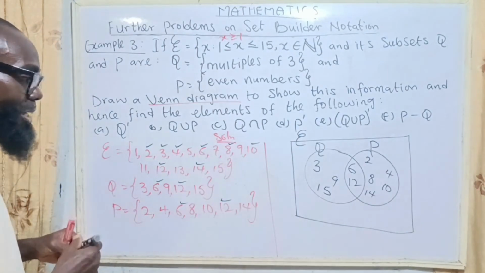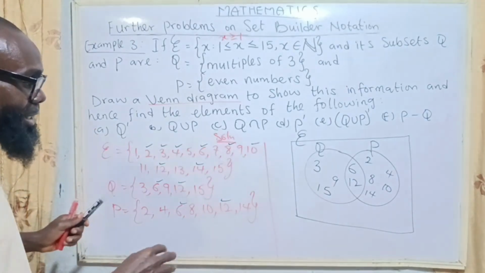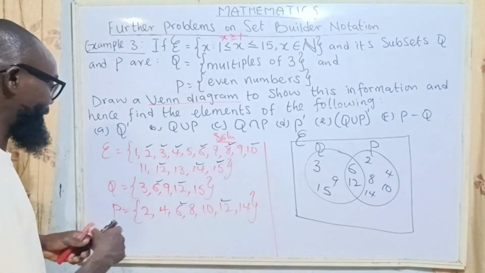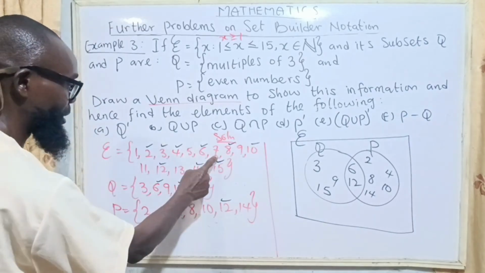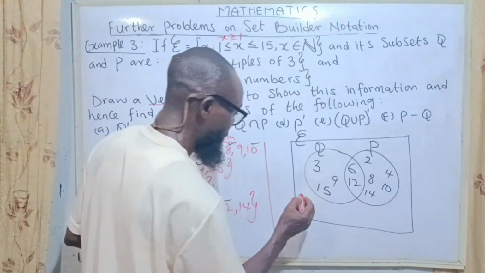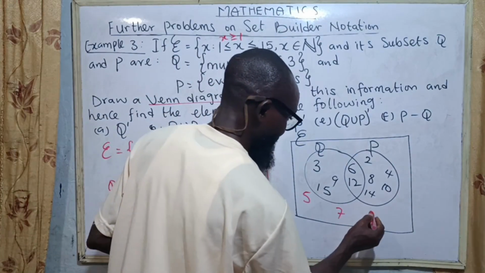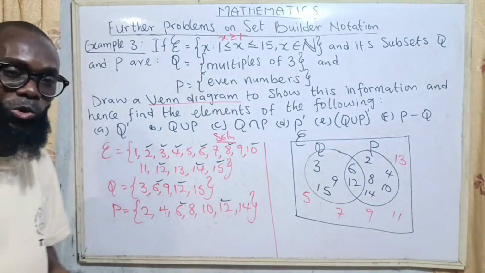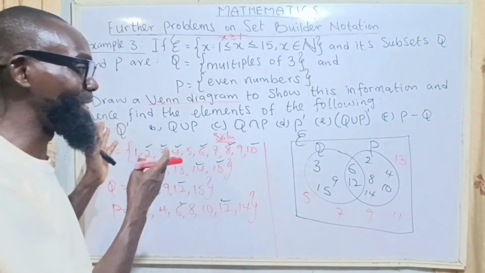The remaining elements will be written outside. What remains? We have 5, 7, 9, 11, 13. So we are able to show the Venn diagram of this question.